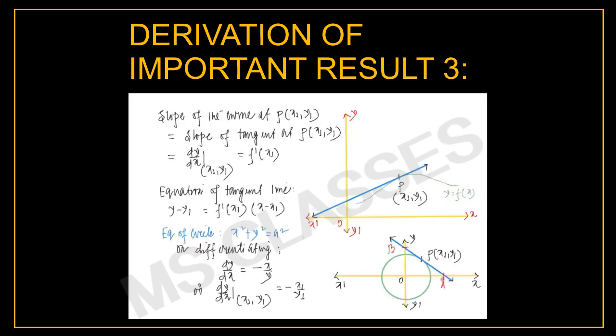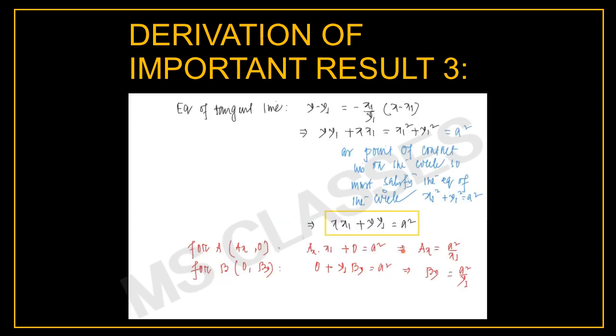So that will be half into base into height. Therefore, area of triangle OAB equal to half into a square by x1 into a square by y1. So that is a to the power of 4 by twice x1 y1.